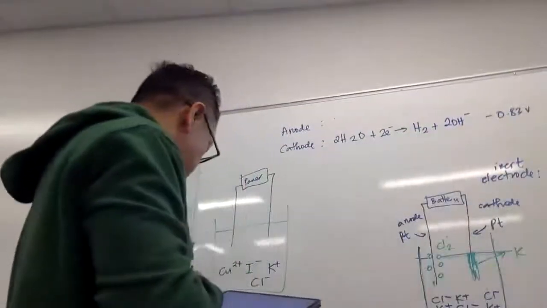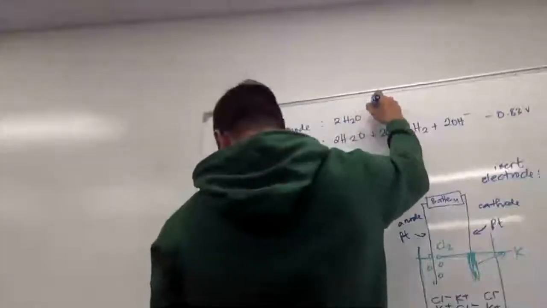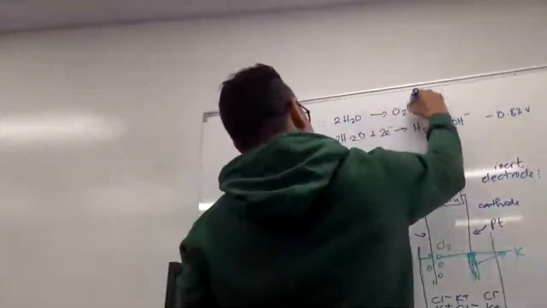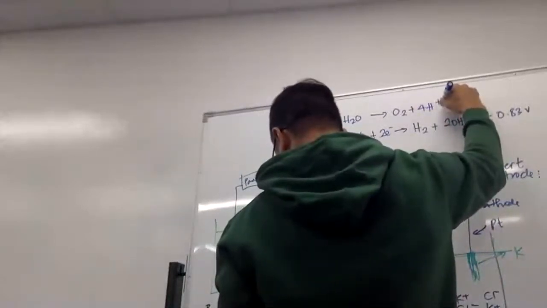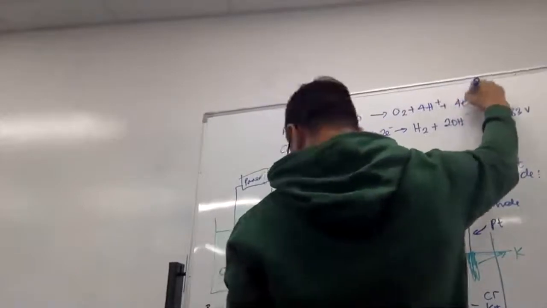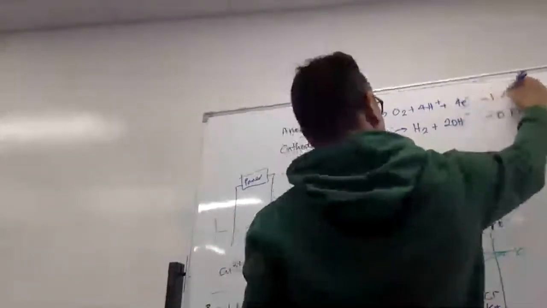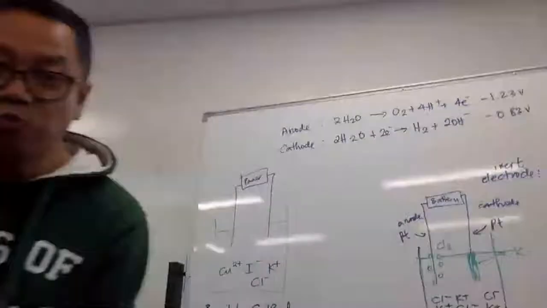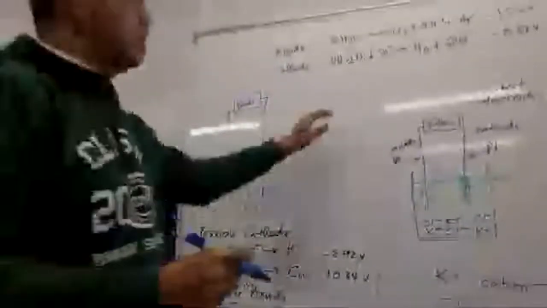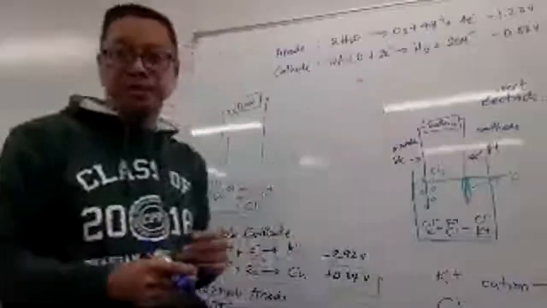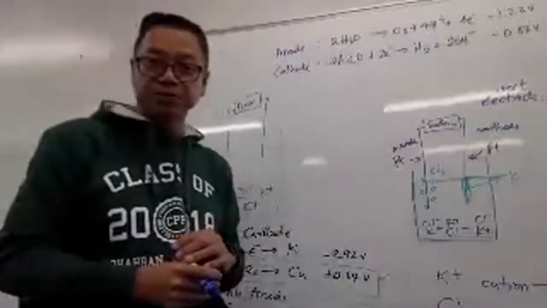And then the other water reaction. So every time water is involved, you have to use that value for water, for the anode and the cathode. In the test, you will be provided with the anode and cathode reactions. Okay?